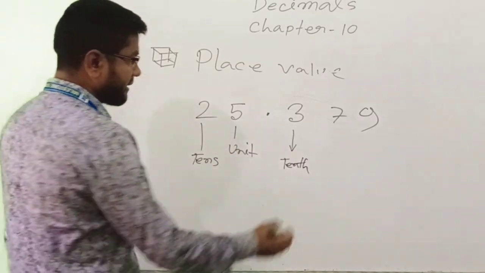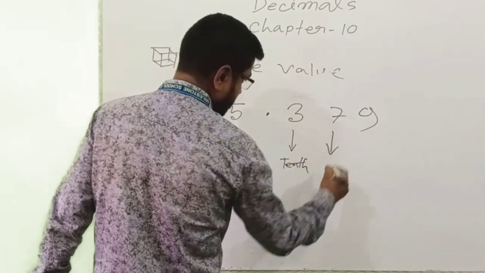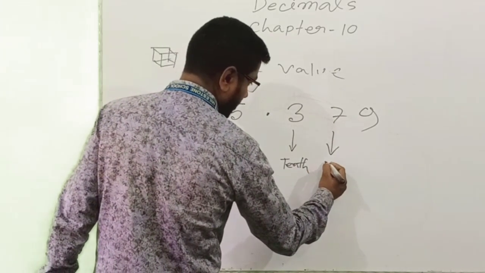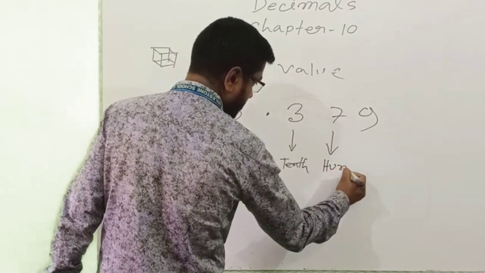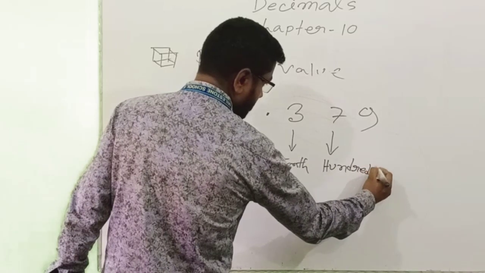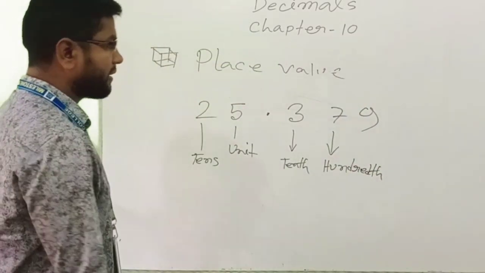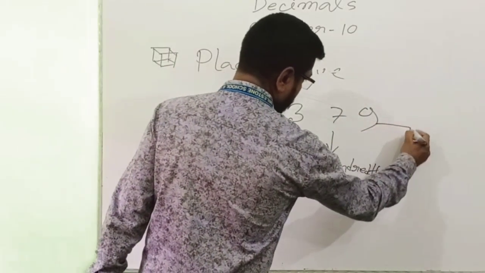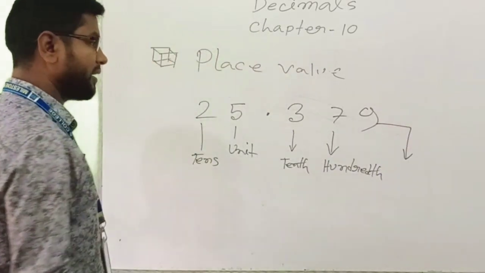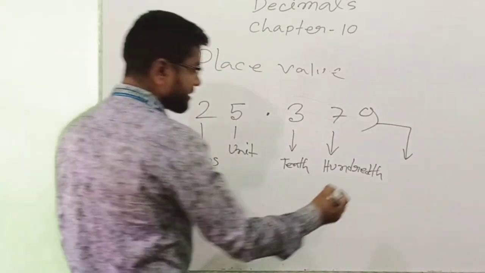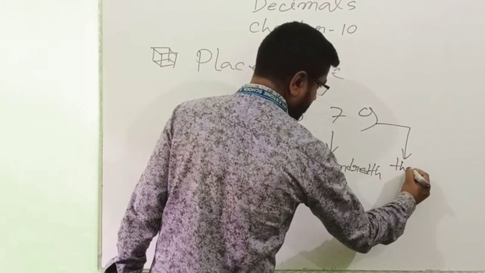The second digit is the 100th column. Now the third one, the next one, is the 1000th column.